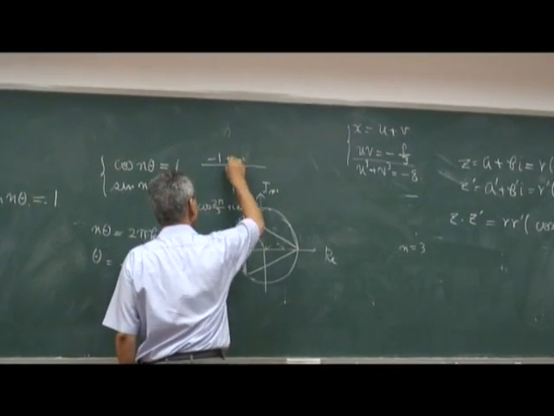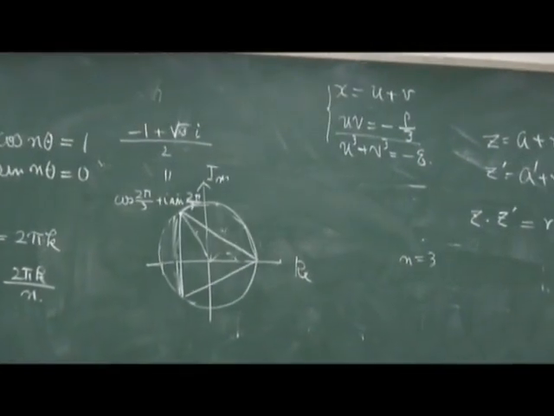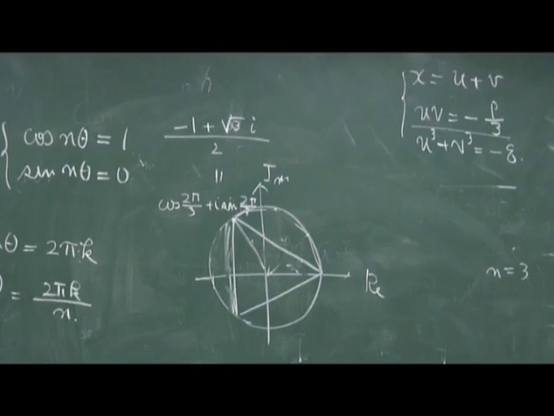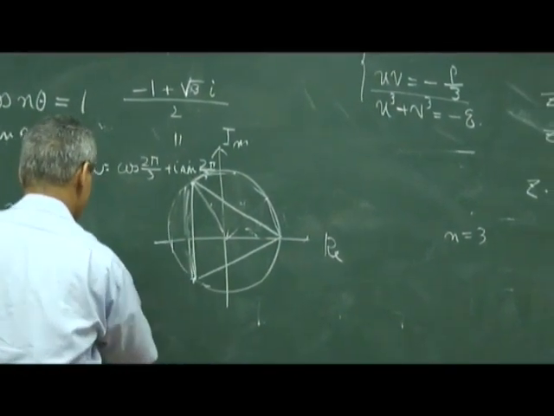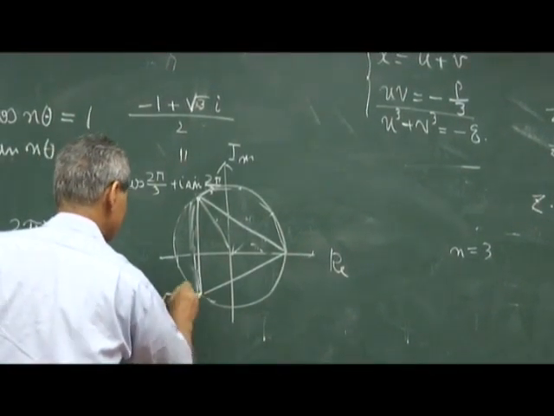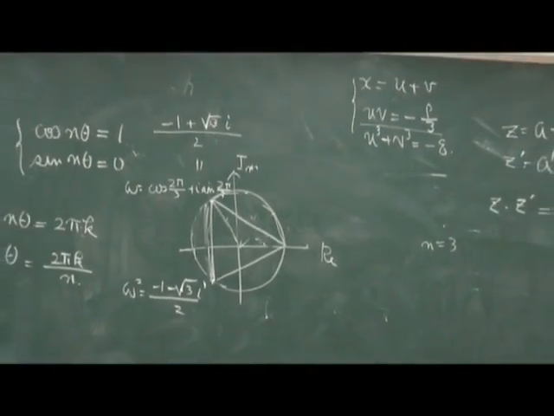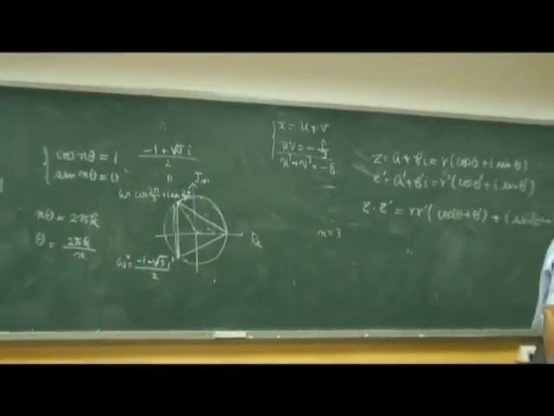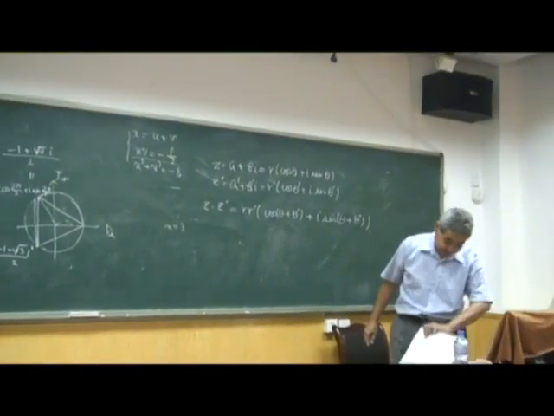I forgot. That's correct. Okay. And this is our omega I wrote beforehand, and this is omega squared. So in this way, you can use the complex numbers very nicely.